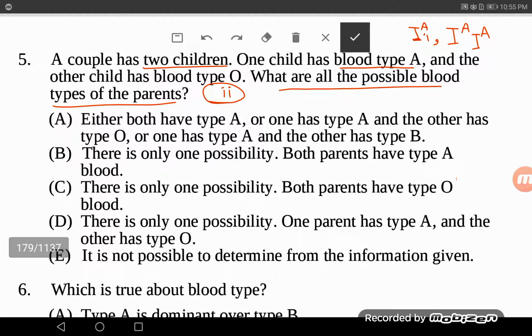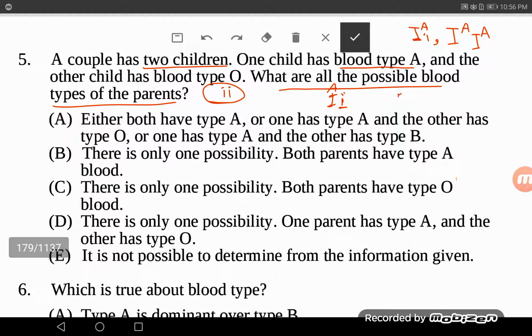One of them should contain the A blood group, and there should be one O allele, the small i, because in order for one of the babies to get this small i, it should be present in both of them.